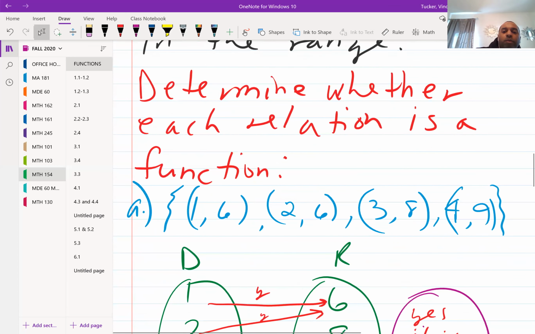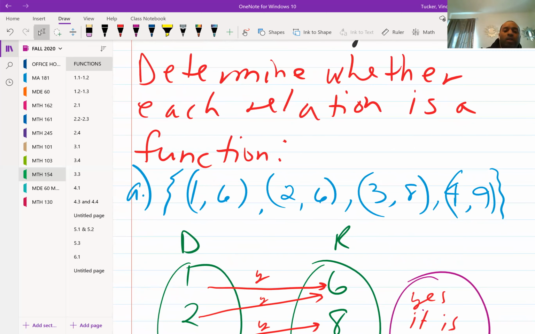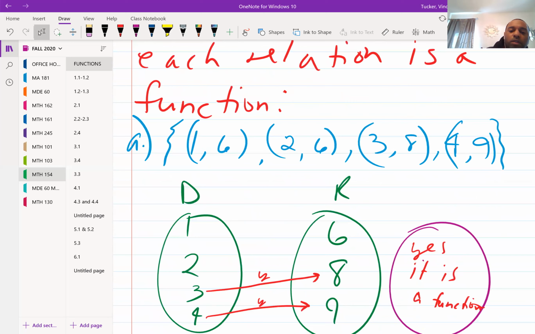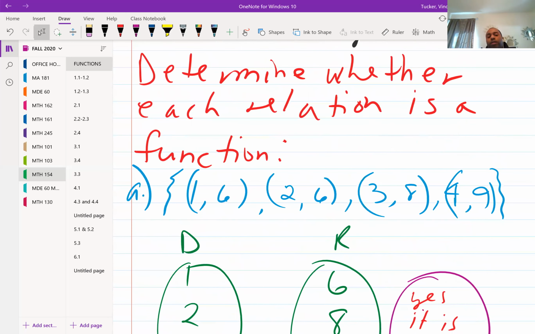So we want to determine whether each relation is a function. Let me erase this stuff so we can upload. So determine whether each relation is a function. This first relation is 1, 6, 2, 6, 3, 8, and 4, 9.